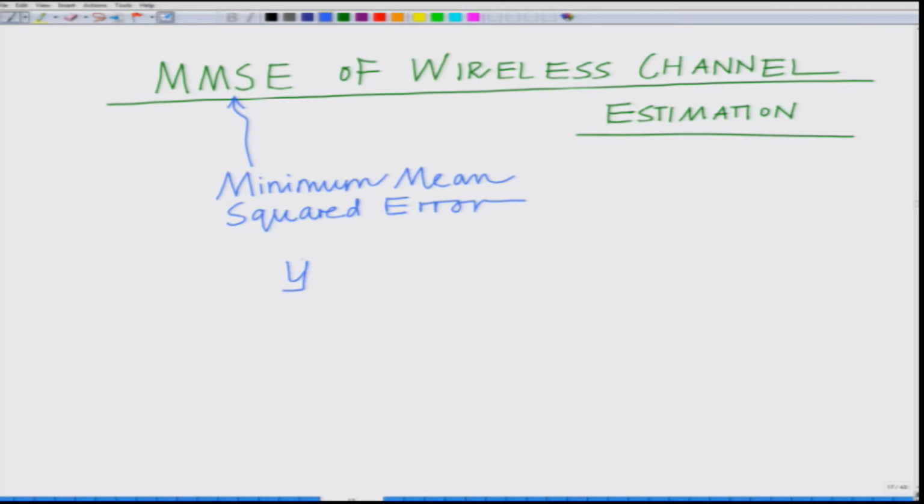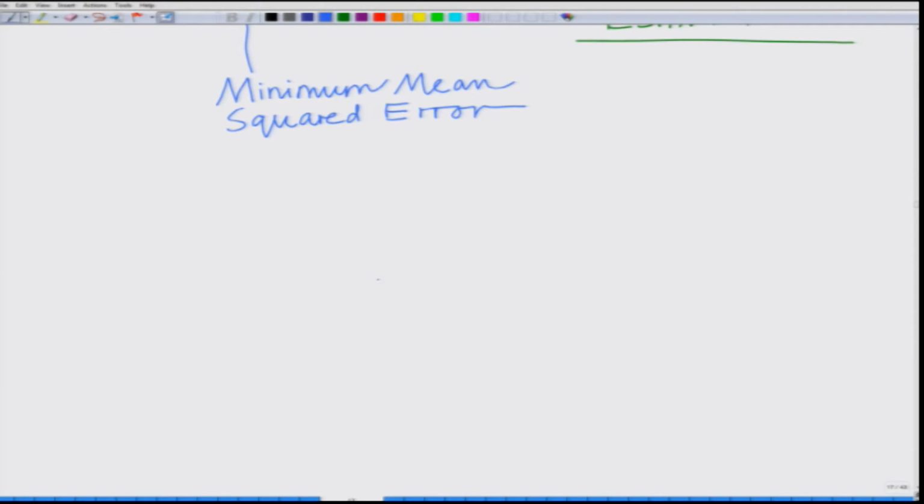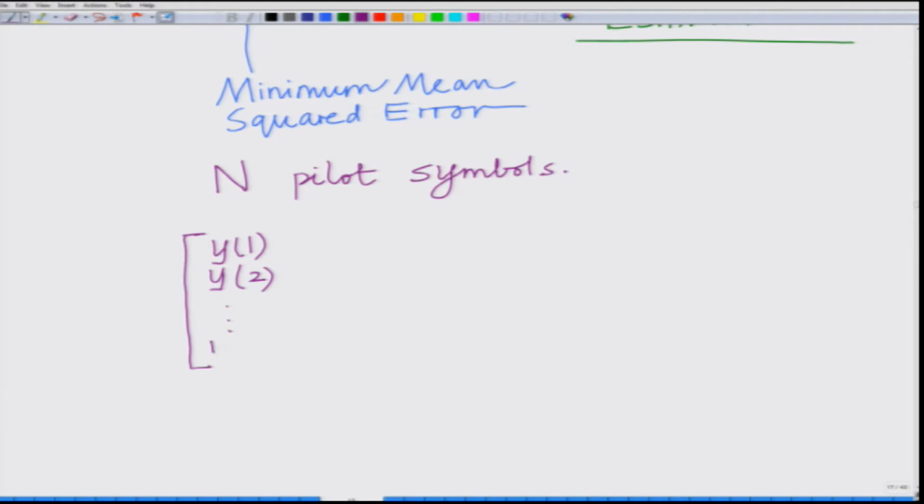Let us look at the model for the estimation. Let us consider the transmission of n pilot symbols, and therefore I can stack the received symbols as a vector y1, y2, so on up to yn.